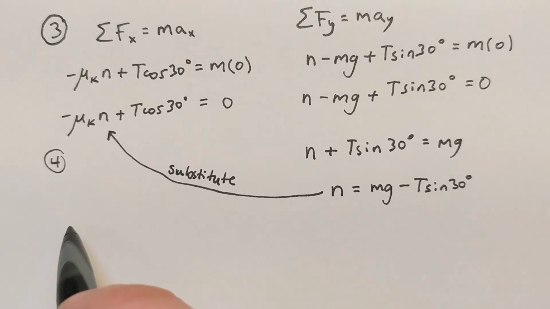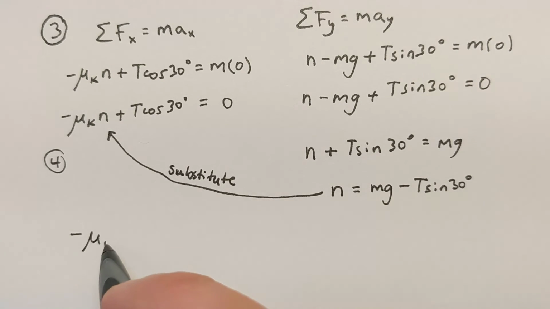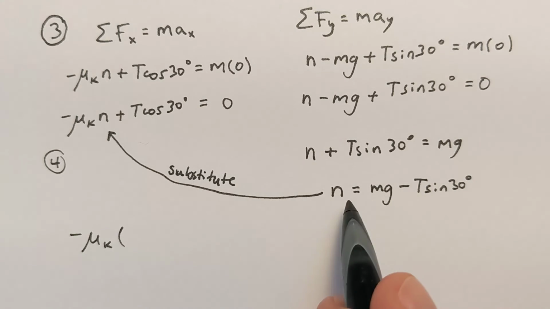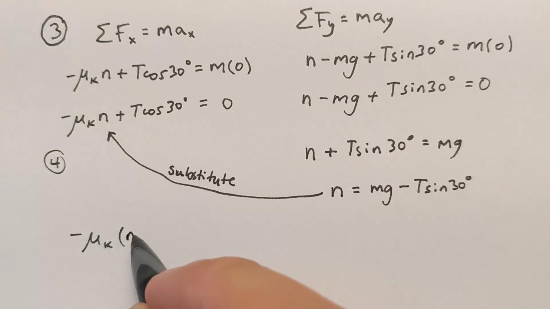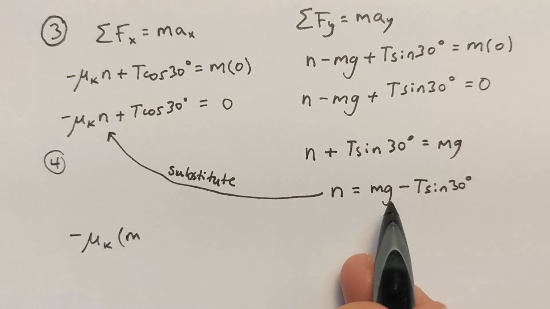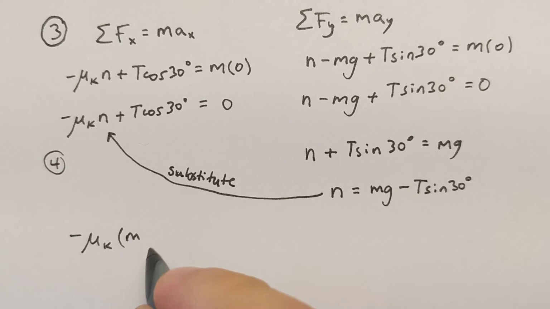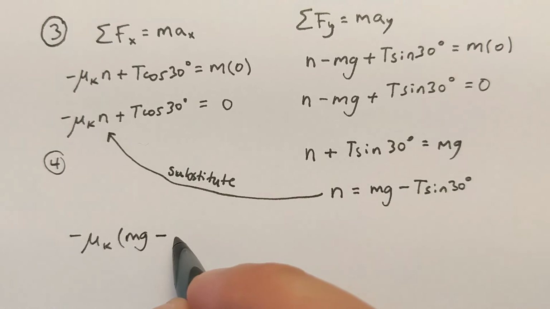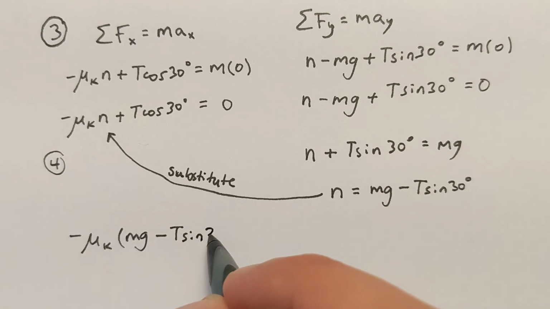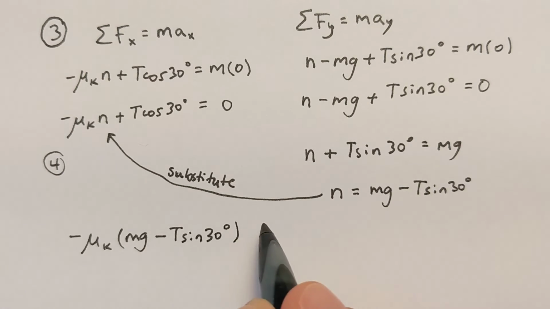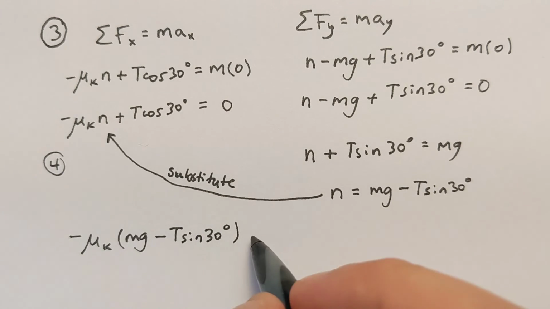And let's see what we got. So we've got negative mu k, open parenthesis, I'm substituting this in. So instead of writing n, I'm going to write mg minus t sine 30 because that's the same thing. Plus t cosine 30.